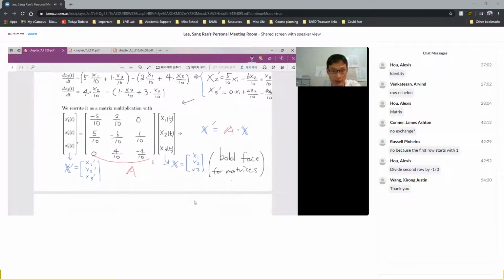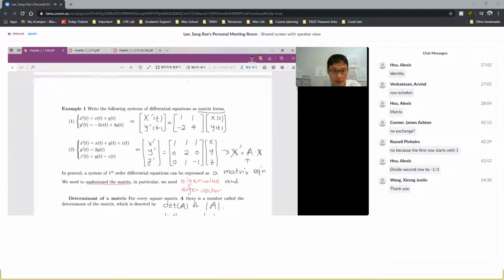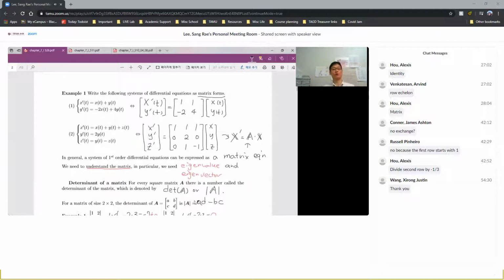Okay. It turns out that every system of first order linear differential equations can be expressed as a matrix equation. So it's not surprising that we will solve this system of differential equations using the matrix. If you understand the matrix fully, we will solve this system.